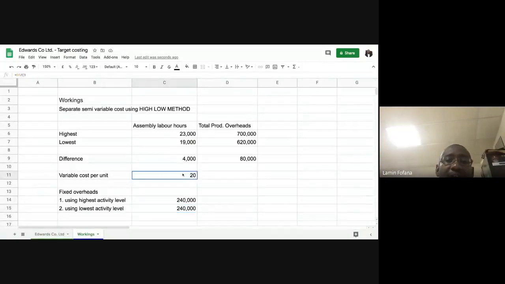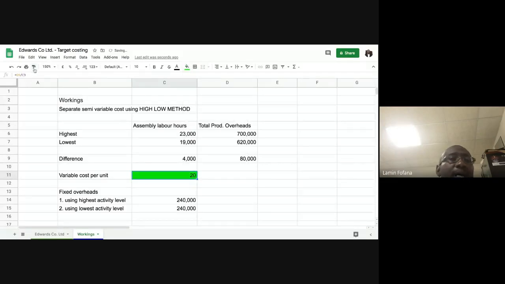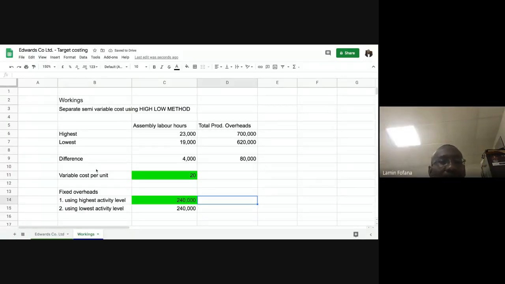So these are the two numbers that we need for our working. So I'm just going to color them up. And this one, we can use either, so they are all the same. Okay. So these are the two that we will need. Okay. So what I'm going to do is I'm going to format this so that it will be in the center.